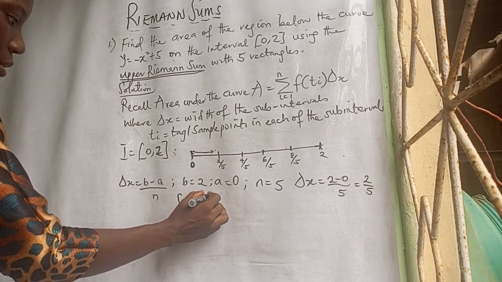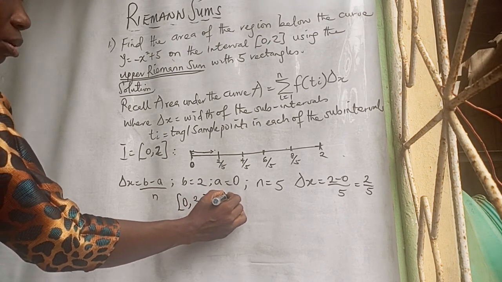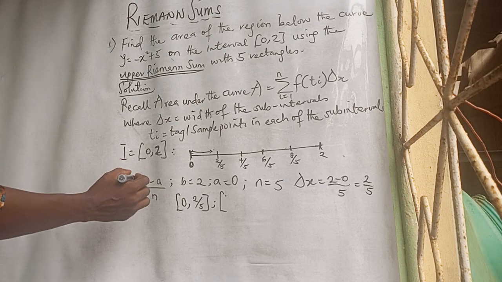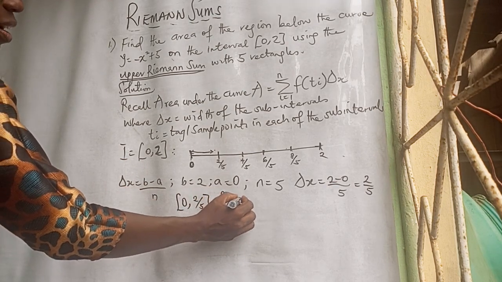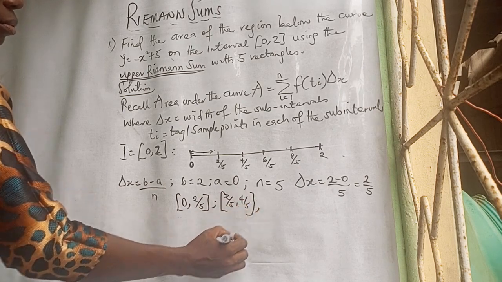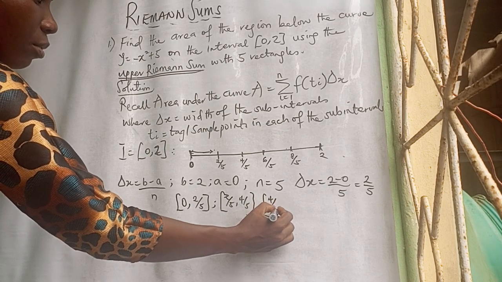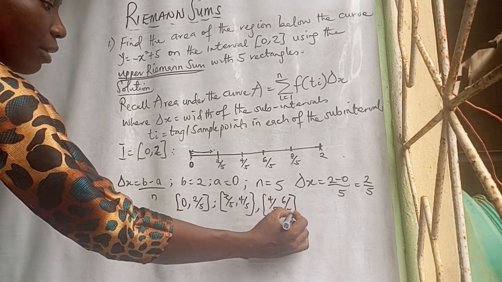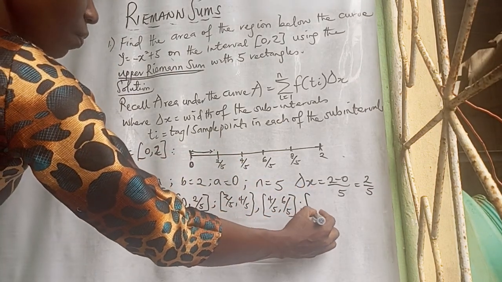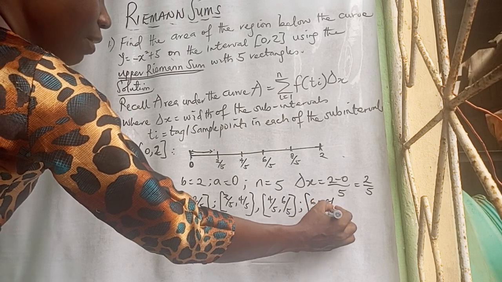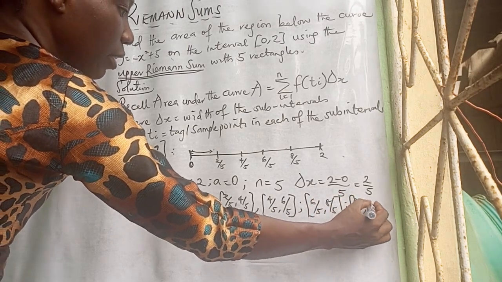Our subintervals are 0, 2 over 5, 2 over 5, 4 over 5, 4 over 5, 6 over 5, 6 over 5, 8 over 5, and then 8 over 5, 2.